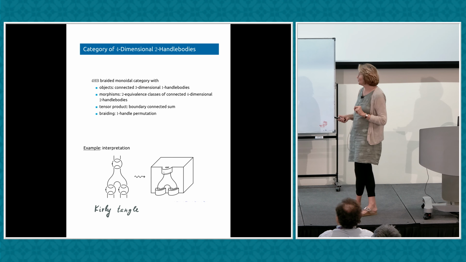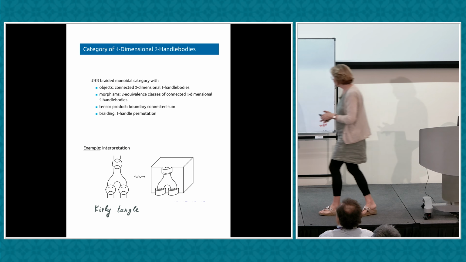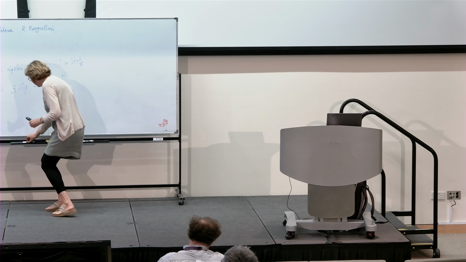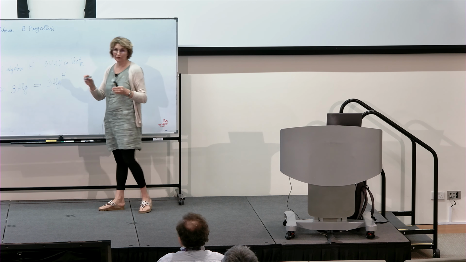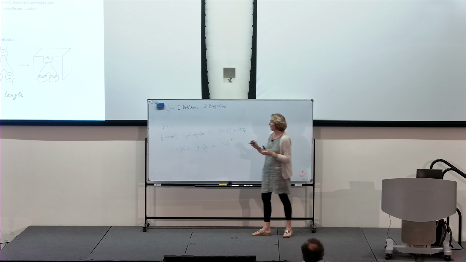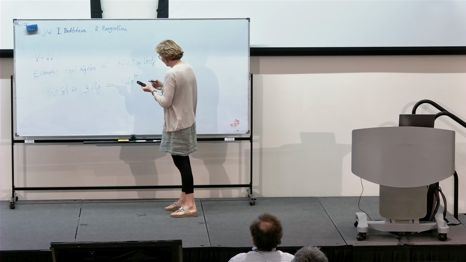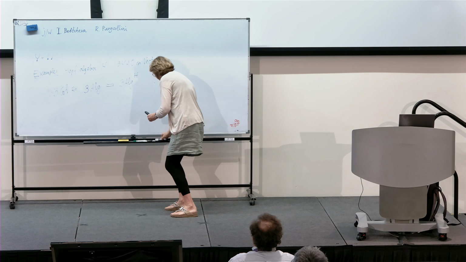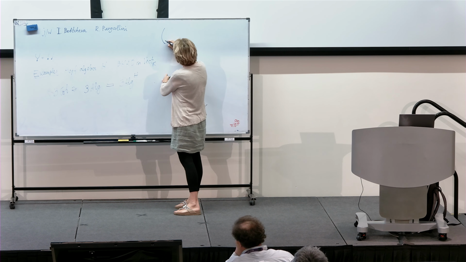And you consider these Kirby diagrams up to some moves. Let me give you the moves. You have a sliding move for 2-handles, so a 2-handle can be slid over other 2-handles. This is the usual sliding move. And the additional 1-2 handle cancellation looks as follows.